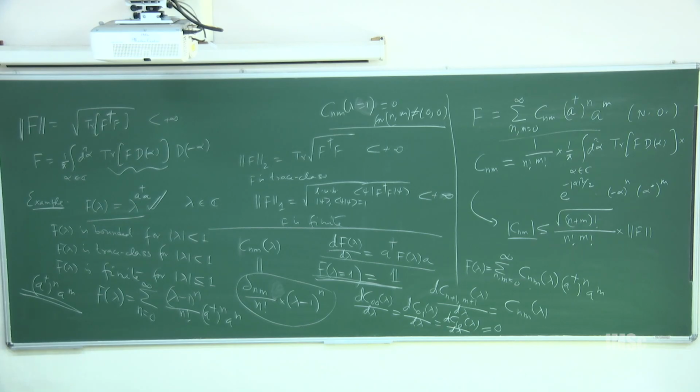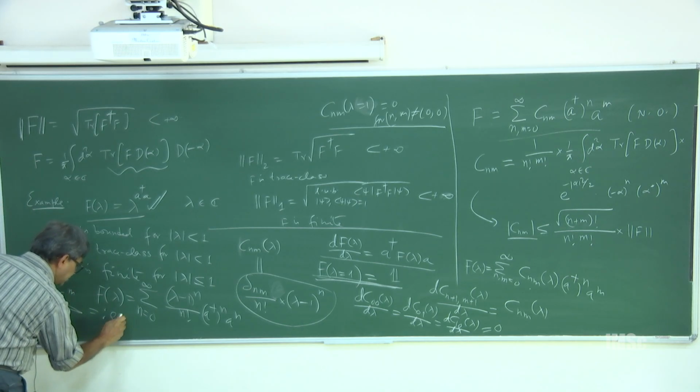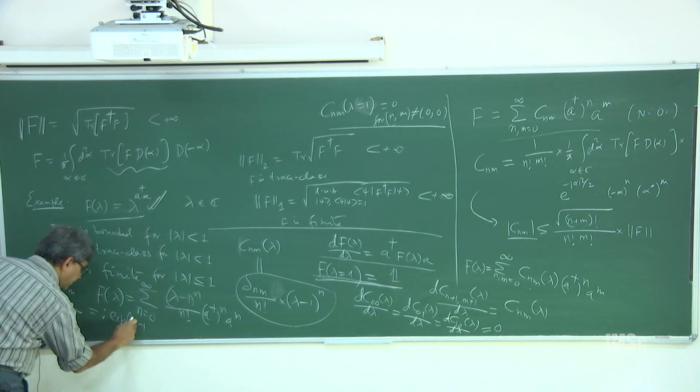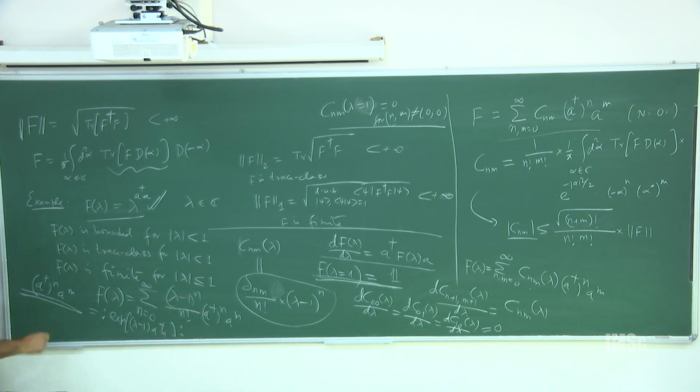And this is symbolically written, in the normally ordered form, as the exponential of (λ minus 1) a†a.